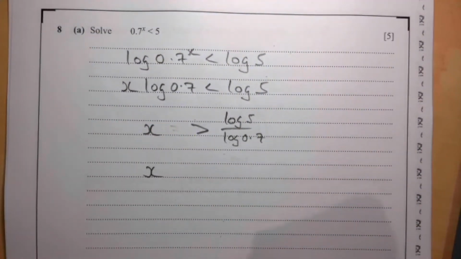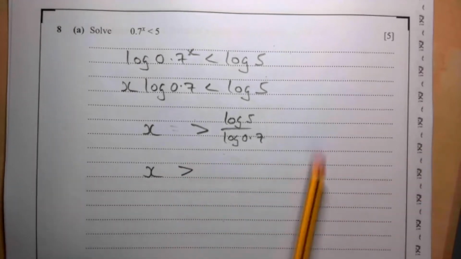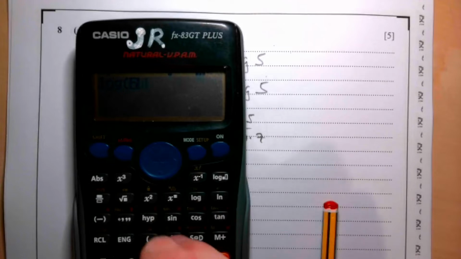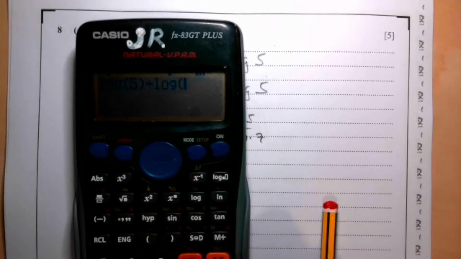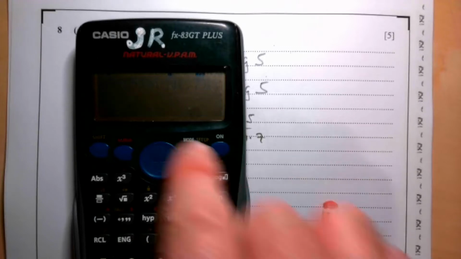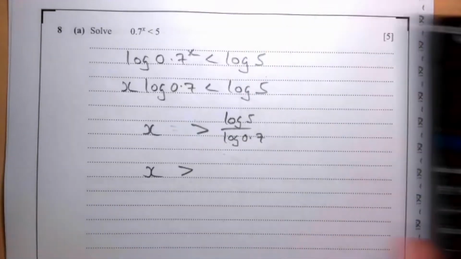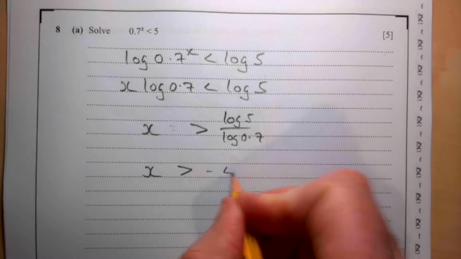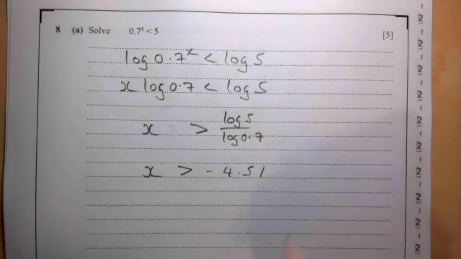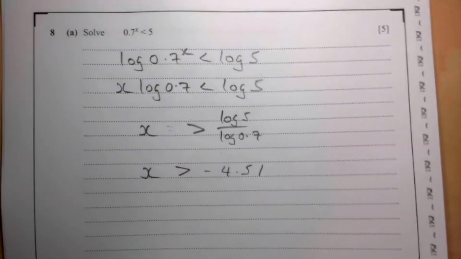And that means then x is greater than, and if I do log 5 divided by log 0.7, I get minus 4.51. That's my answer.